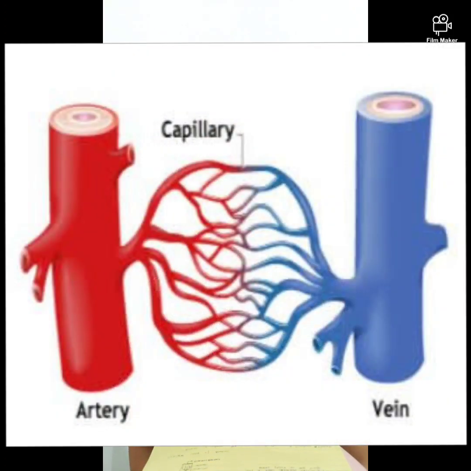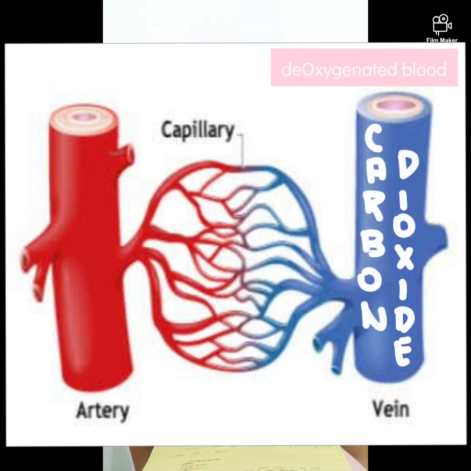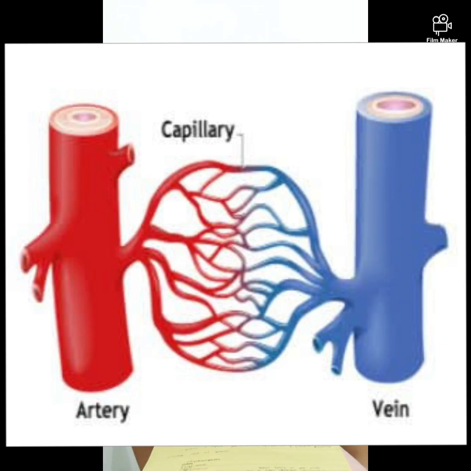As we can see on the image, we have the red one and the blue one, which represent the oxygenated blood and the deoxygenated blood. The deoxygenated blood is the one carrying the carbon dioxide, and the oxygenated blood is the blood that carries the oxygen.